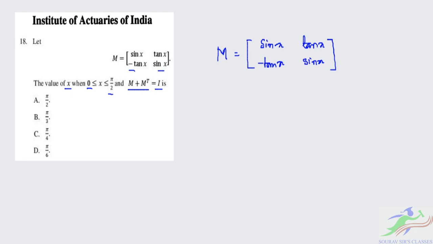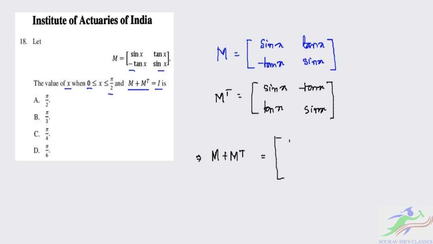Now if we take the transpose, M transpose, it will be simply sin x, minus tan x, and it will be simply sin x, right? So if we do the addition, that is M plus M transpose, we will have simply 2 sin x, 0, again 0, and 2 sin x, right?